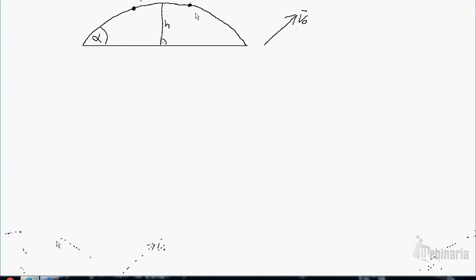And why am I drawing this? Because if we just know our starting velocity, our starting speed, how can we know what about our velocity, our speed, at this point or at this point? So we cannot tell.